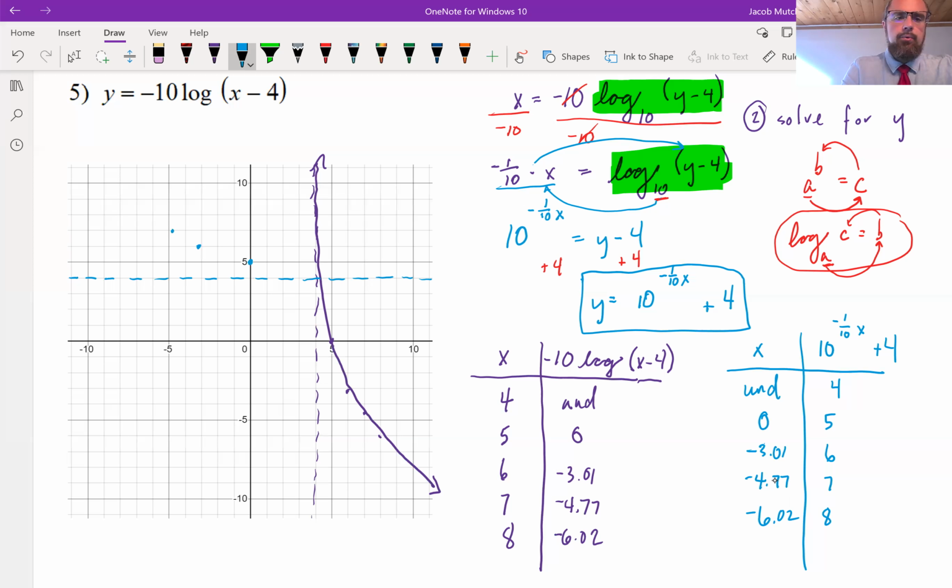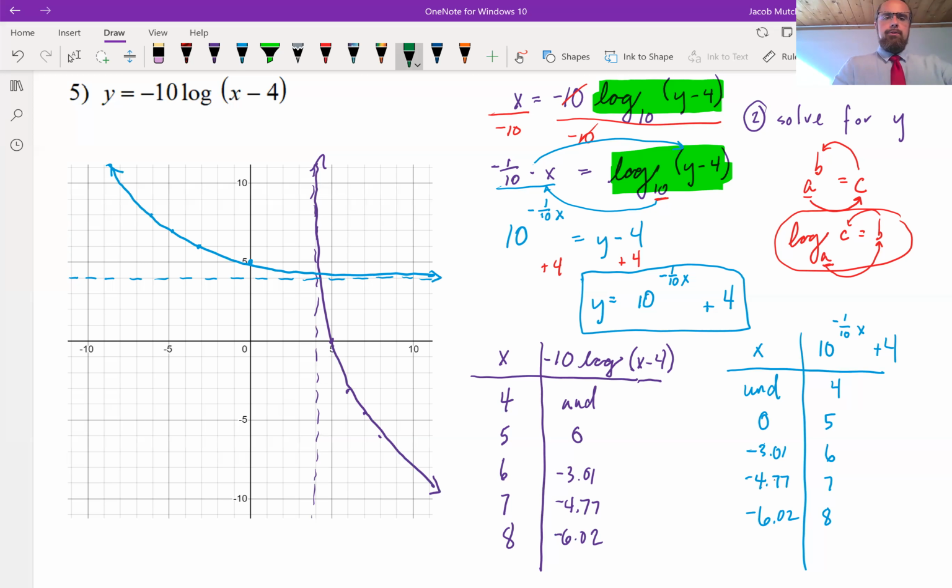And negative 6.02 is 8. So that gives me a way to sketch this inverse function. So this one sweeps from above and descends to its horizontal asymptote as it proceeds to positive infinity in the x.